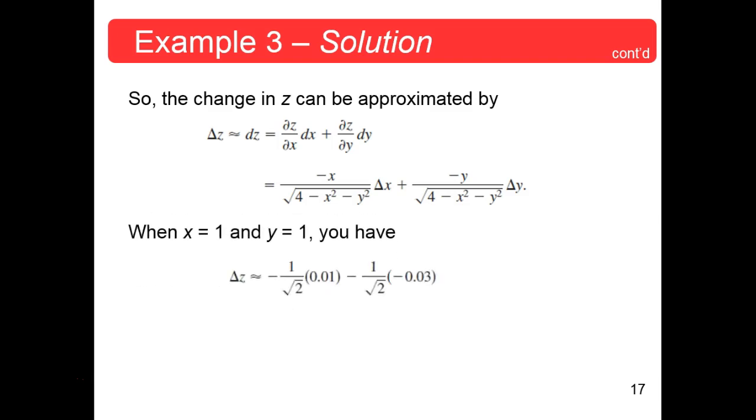Okay, yeah, and that's what we got. So your delta z, which we're using to approximate dz, is minus 1 over root 2 times 0.01, minus 1 over root 2 times minus 0.03, which came up 0.02 over root 2.